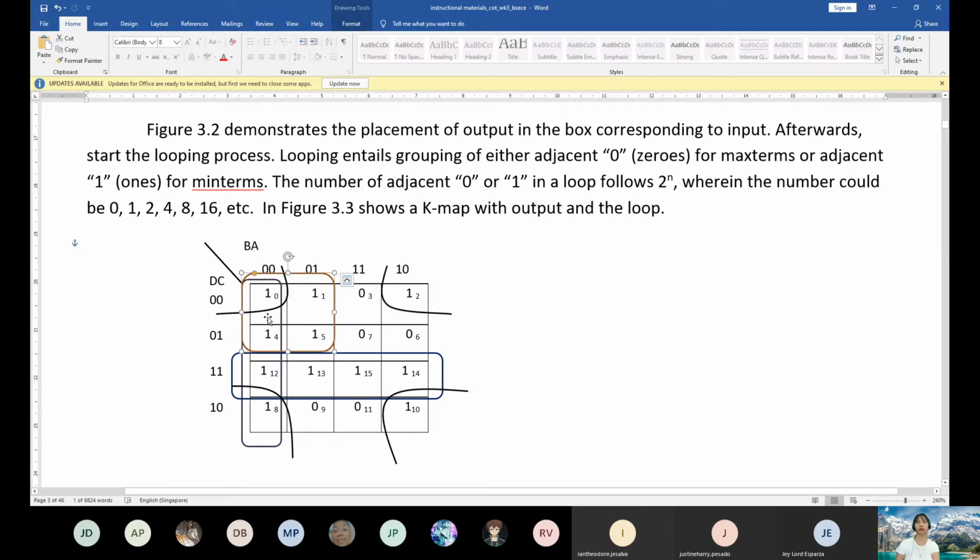For the first loop, let's compare D to D and C to C. What are the values of C? It corresponds to 2 values for this loop. For D and C, we have 0, 0, 0, 1.